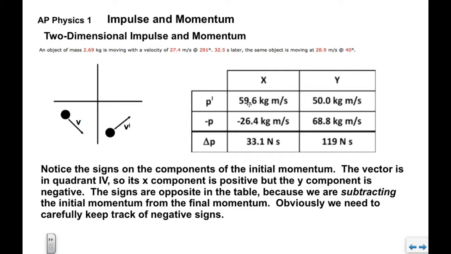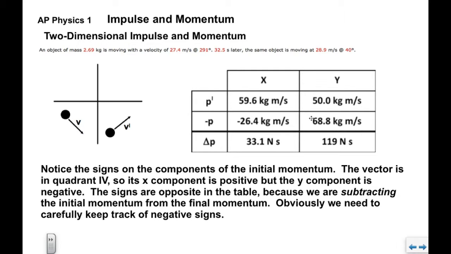So again, when you look at the values that are in the table, notice the signs on the components in this row for p, for the initial momentum. The initial momentum points to the right and down, but we are subtracting it. So we're subtracting a positive x component, and we're subtracting a negative y component.